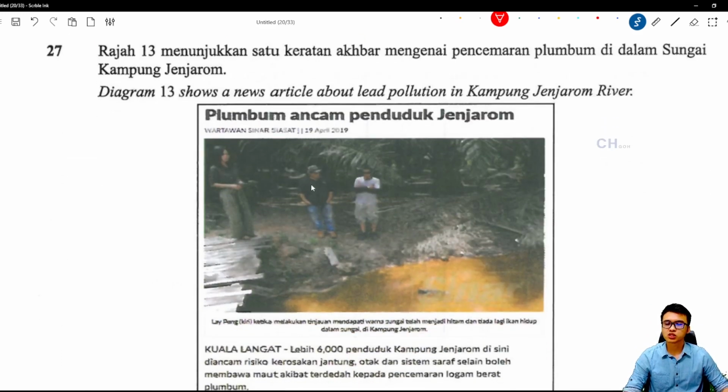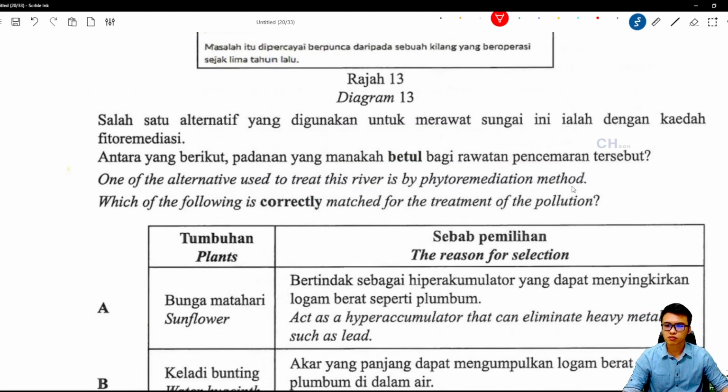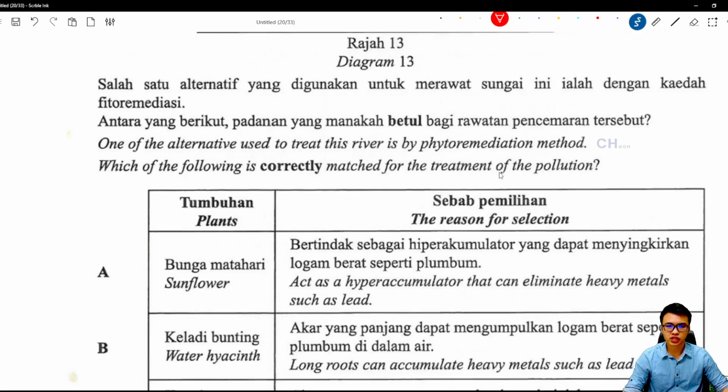Now continue to look at this question. Diagram 13 shows a news report about the lead pollution in Kampung Jenjarum River. So guys, lead is a heavy metal. We are talking about remediation here.